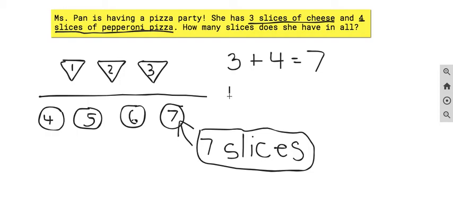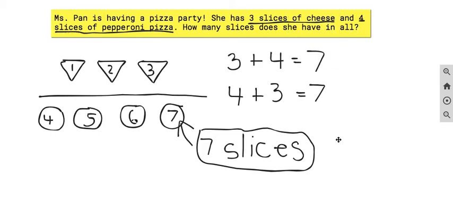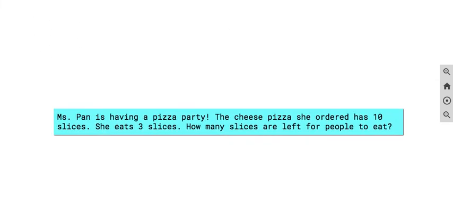They started with 4 slices of pepperoni plus 3 slices of cheese, which equals the same number, 7. Remember, because this is addition, we can flip 3 and 4 to make it 4 and 3, or flip 4 and 3 to make it 3 and 4. But this only happens in addition. Nice job, friends.